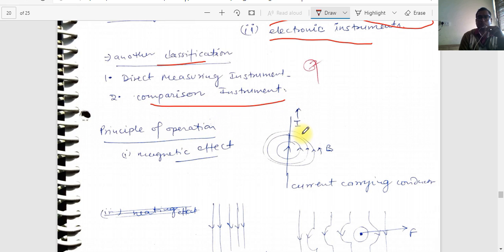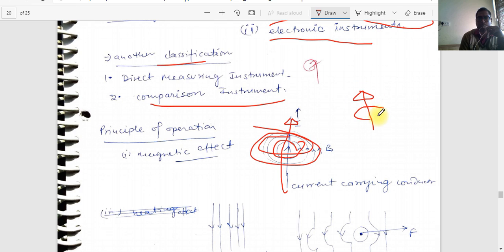Function of operation: suppose there is a current carrying conductor. This is the conductor, current carrying. There is the formation of a loop of flux which is generated by the screw law. Here is the current direction and the formation of the loop.